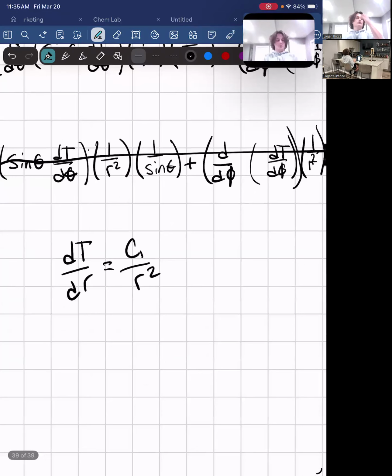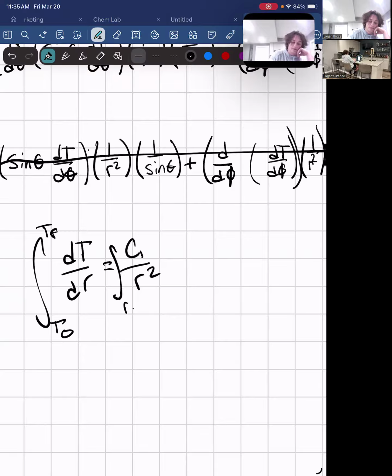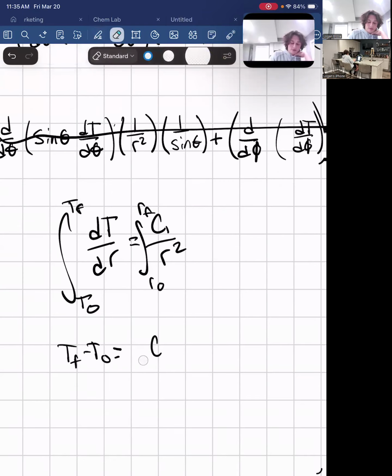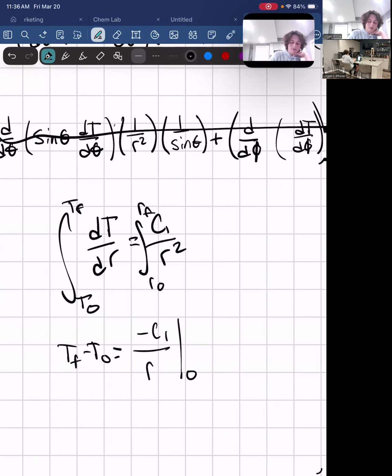And so what we want to do from here is integrate. We'll integrate from some initial temperature to some final temperature, and from some initial radius to our final radius. And when we do this, we get T final minus T initial equals negative C1 over r, evaluated from initial to final.